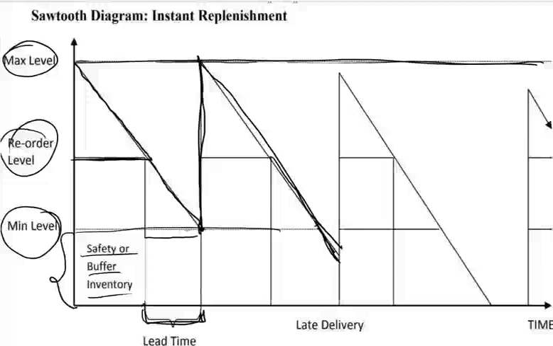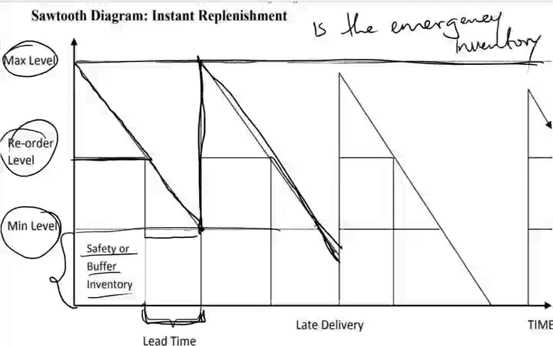Because failing to prepare is preparing to fail. So you need to have this safety or buffer inventory. If somebody asks you what is buffer inventory, we are saying this is the emergency inventory. That's all. It's the emergency inventory.